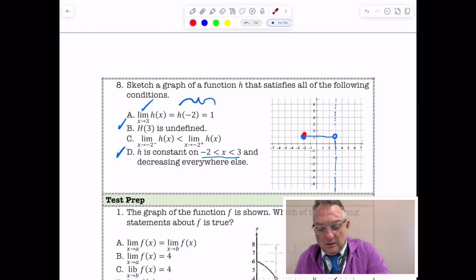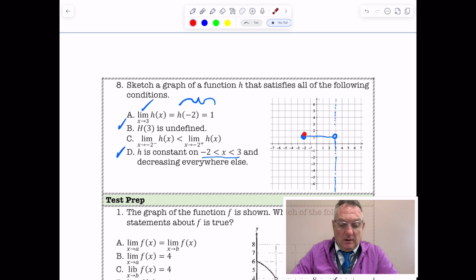Right here. So this is approaching from the positive side. So I just got to make where it comes in from the left to be lower than that. Okay, so I might just do something like this. And then I'm good. I could have just as easily done this, or squiggly. I just need it to come in underneath the other one. That's why they can kind of look different. Okay, and that's it.